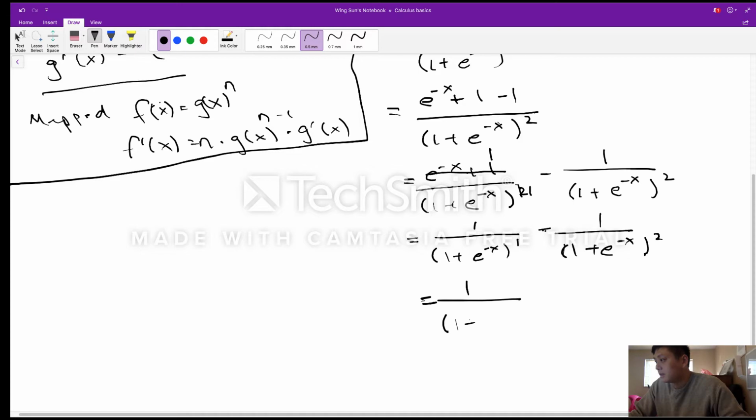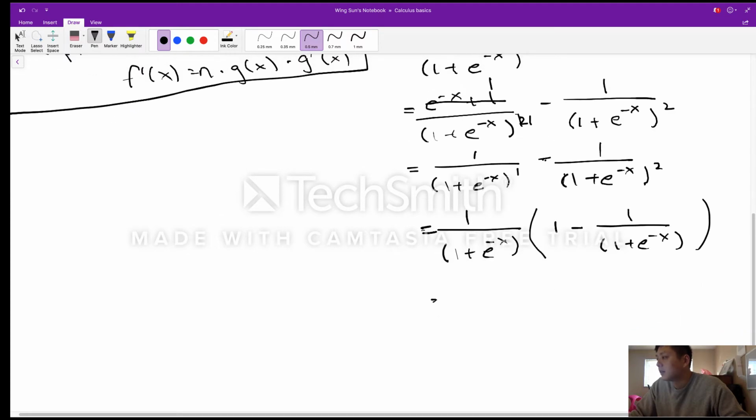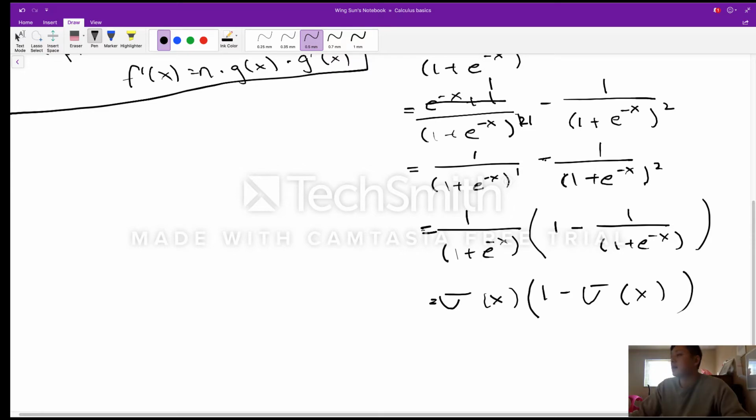So 1 over 1 plus e to the negative x times 1 minus 1 over 1 plus e to the negative x, right? Because if you multiply this back in again, you'll have this, right? So you might look at this and say, hey, this looks familiar. Well, this is actually a sigmoid function. So the derivative of sigmoid of x equals sigmoid of x times 1 minus the sigmoid of x. Okay, so that's how we arrive at it.